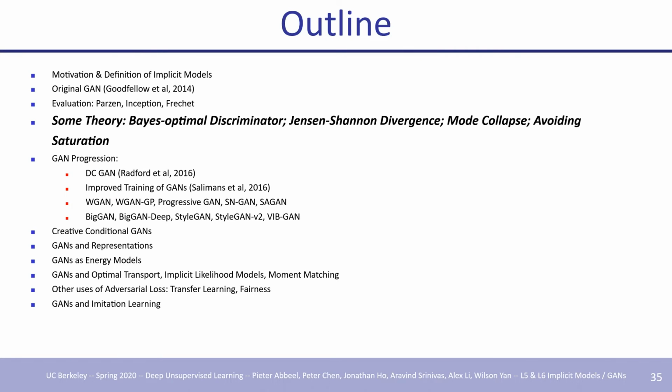Any questions before we get to some of the theory on GANs? The last section was just about how to measure how good the GAN output is, some metrics.